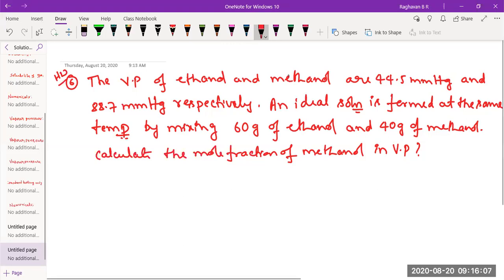All of you men. It is very similar to that benzene toluene problem, right? Only ethanol and methanol has been mixed in the place.